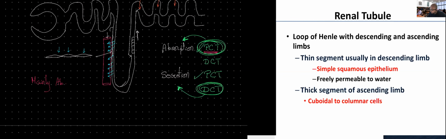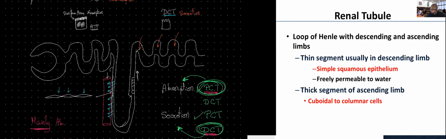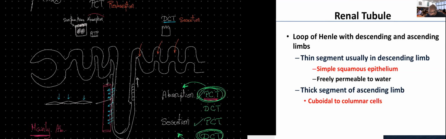If the question is asking who's mainly performing secretion, the answer now is going to be distal convoluted tubules. But who is performing absorption? Both of them. And who's performing secretion? Both of them. But again, proximal convoluted tubules are mainly concerned with absorption, compared to the distal convoluted tubules, which are mainly concerned with secretion.